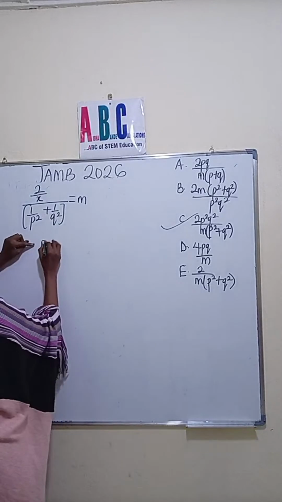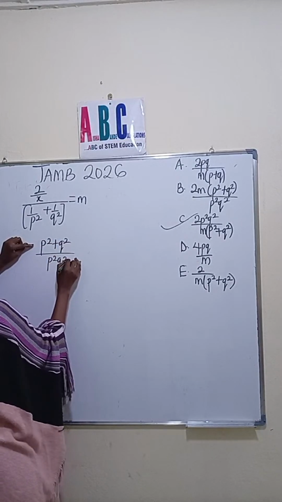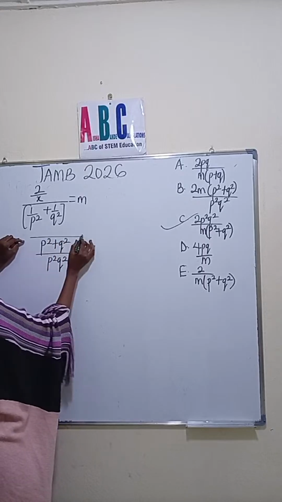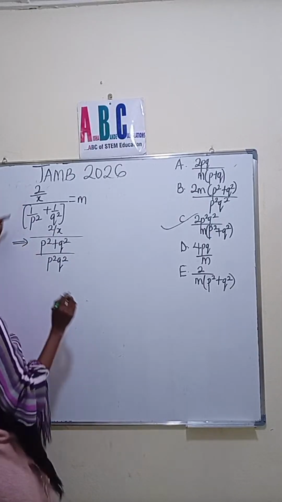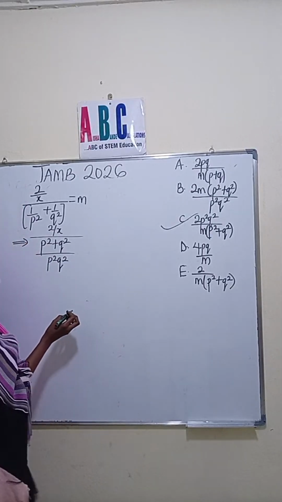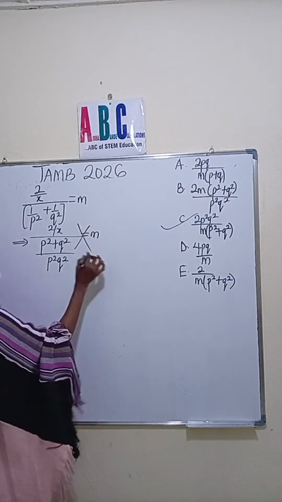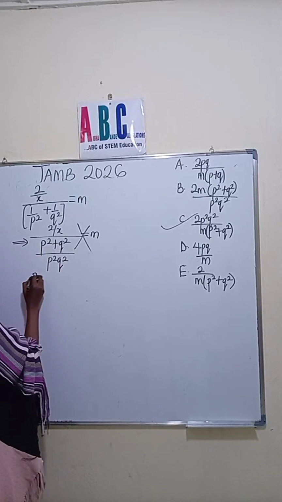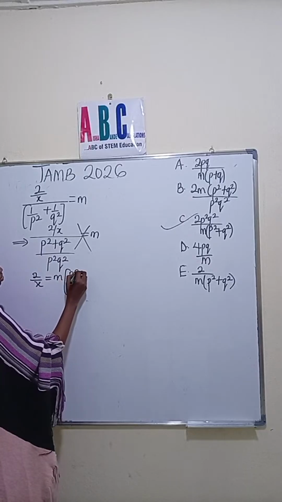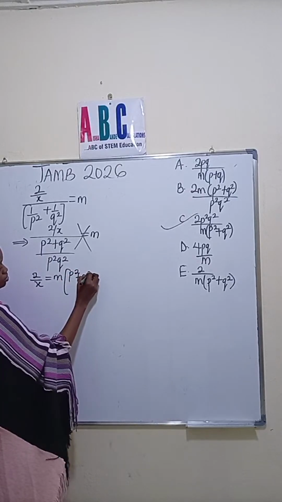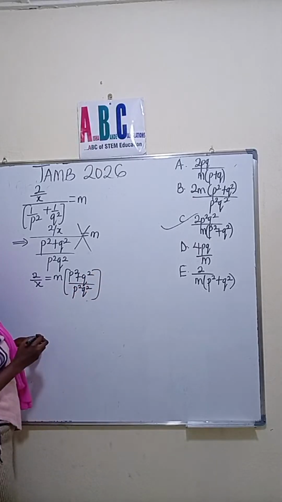Okay, p square plus q square over p square q square. Okay, sir, kindly go on. 2 over x, right? Yes, sir.